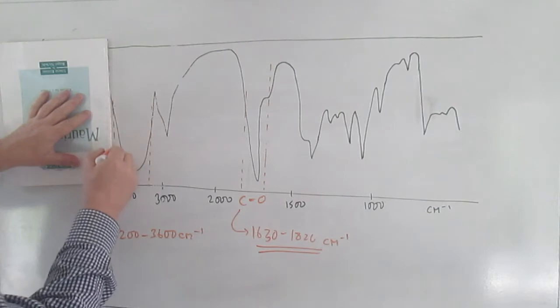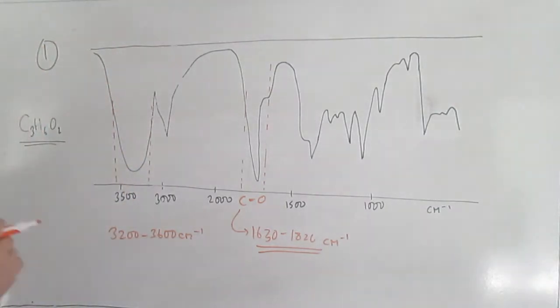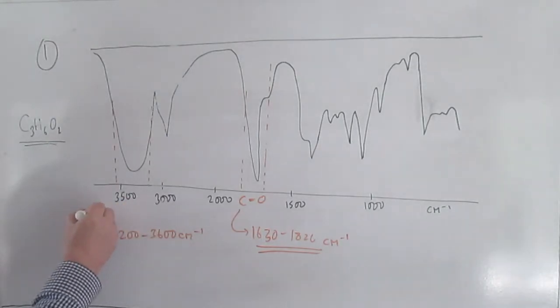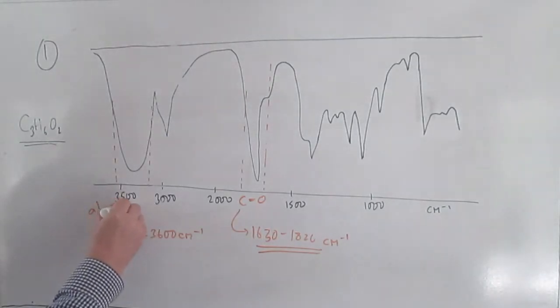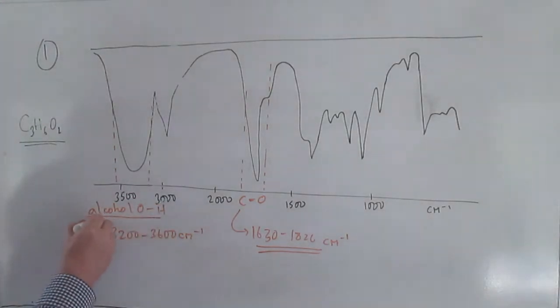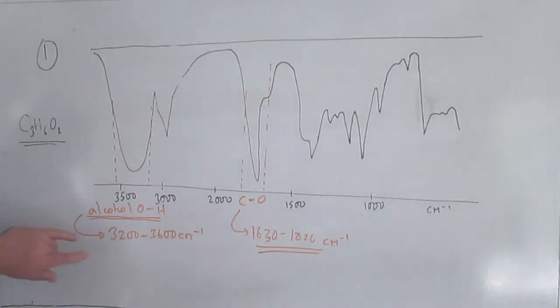You draw your lines down, and again you can see that does indeed encompass that peak. So you can say that's an alcohol OH, not just OH. That's an alcohol OH bond. And again, quote the datasheet to justify why you're assigning it as that.